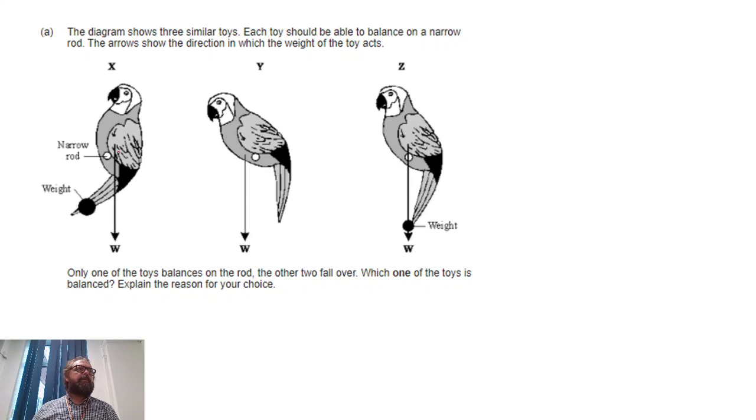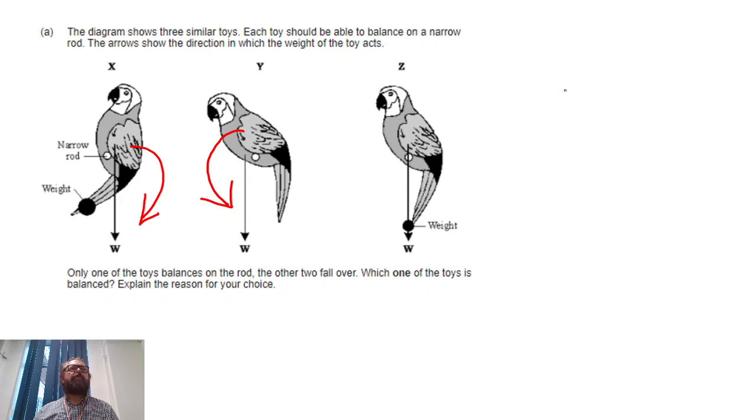This parrot will topple over to the right because the weight is causing a clockwise turning force. In Y, it will topple anti-clockwise, whereas in Z, because the line of action of the parrot's weight is acting through the pivot, this parrot will balance.